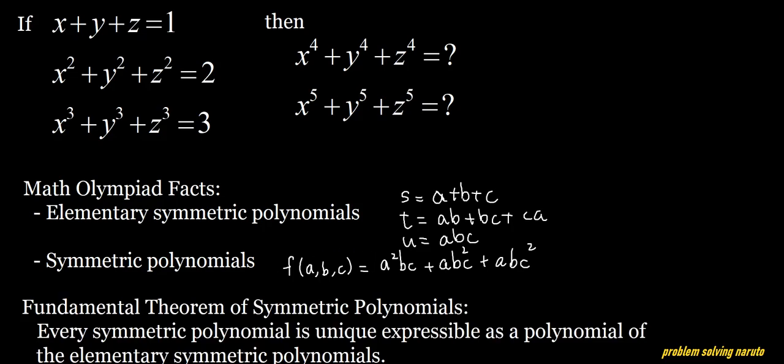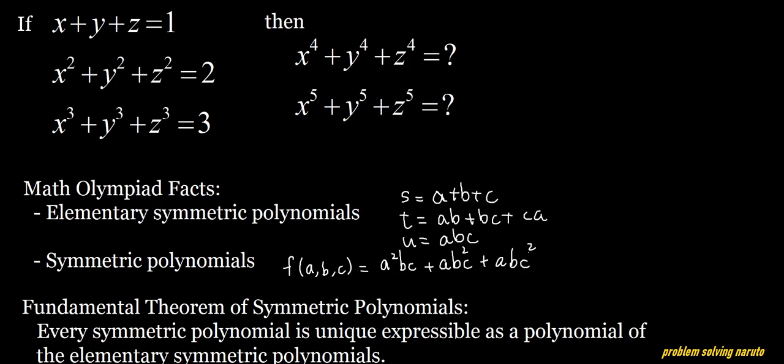This is called the fundamental theorem of symmetric polynomials. It says that every symmetric polynomial is uniquely expressible as a polynomial of the elementary symmetric polynomials. So every symmetric polynomial like this one, we can have it uniquely represented as these elementary ones.